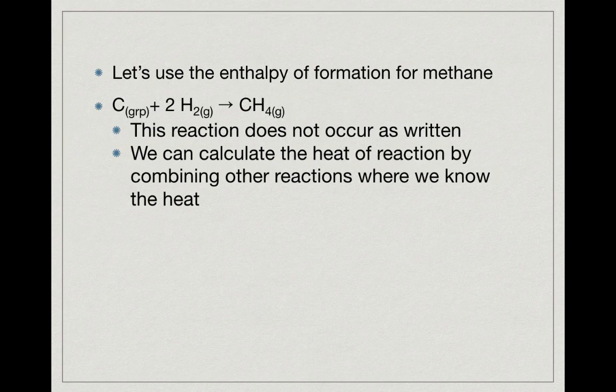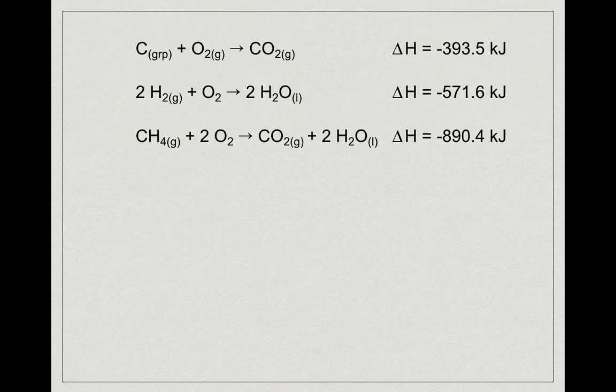Well, we can calculate the heat of reaction for this reaction by combining other reactions that we can find the enthalpy for. So let's take a look and see how we do that. So here are the three reactions that we can combine. We've got C graphite plus oxygen gas going to CO2.